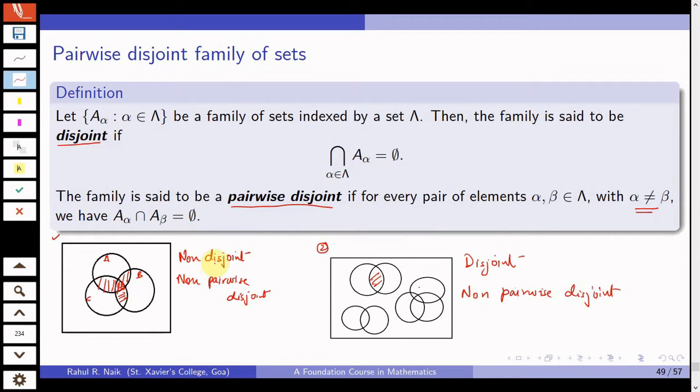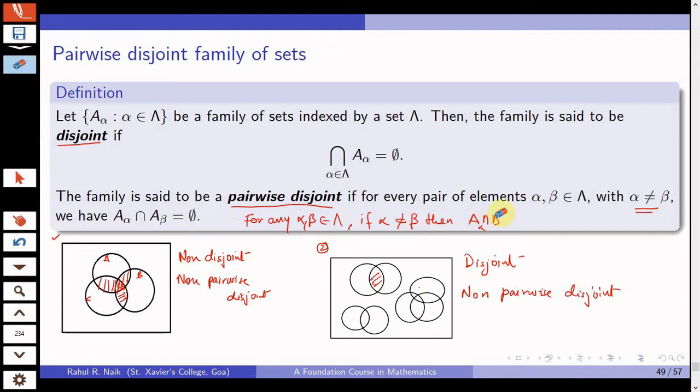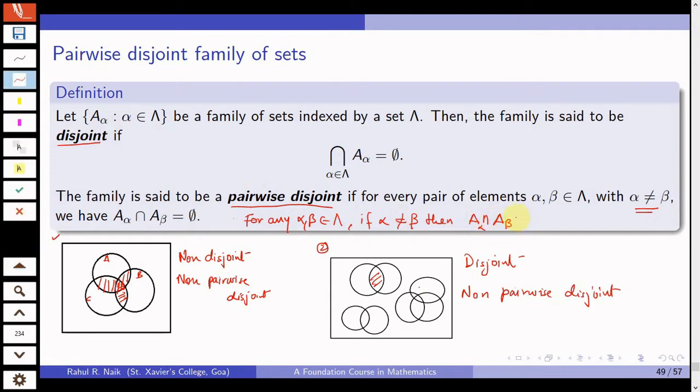Okay, so this can actually be put in the form of an implication, that is, the family is said to be pairwise disjoint if for any alpha, beta lying in the index set, if alpha is not equal to beta, then A alpha intersection A beta is empty.